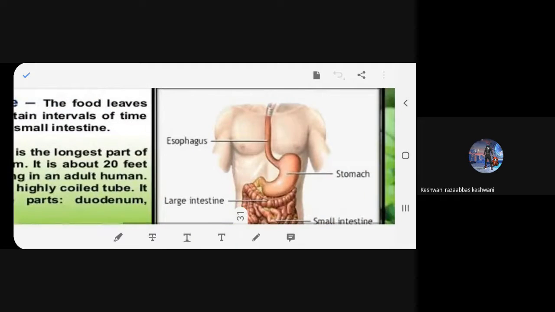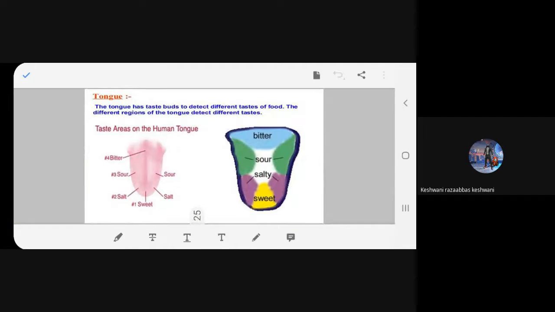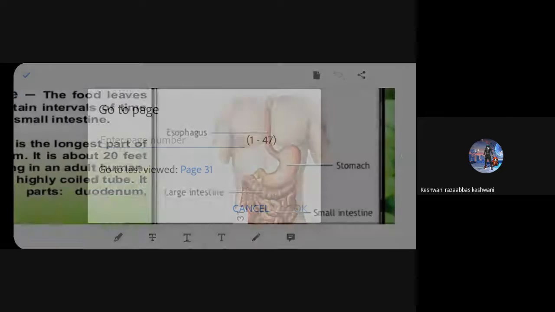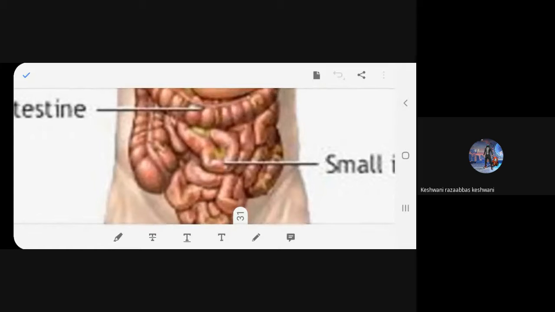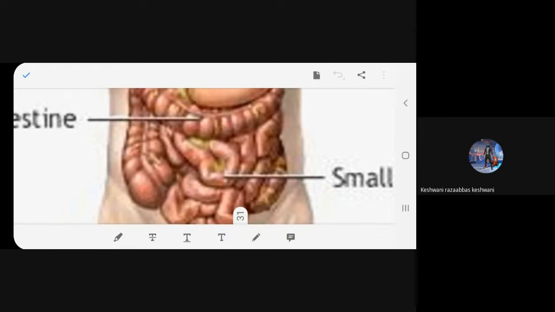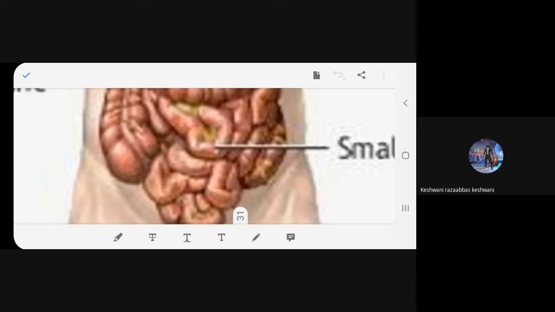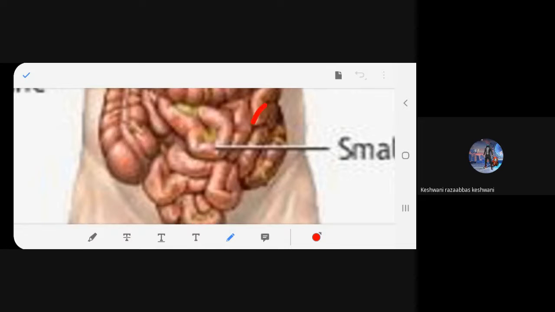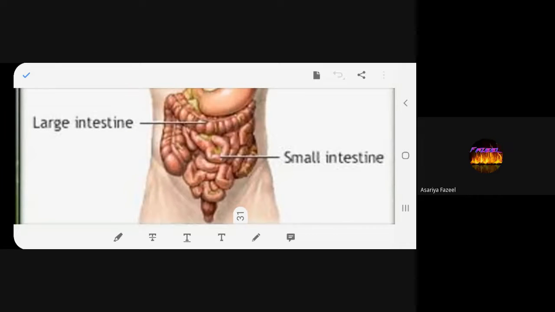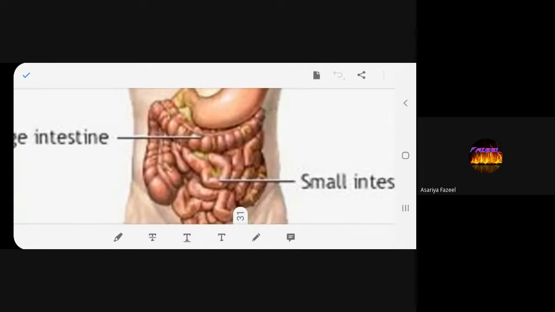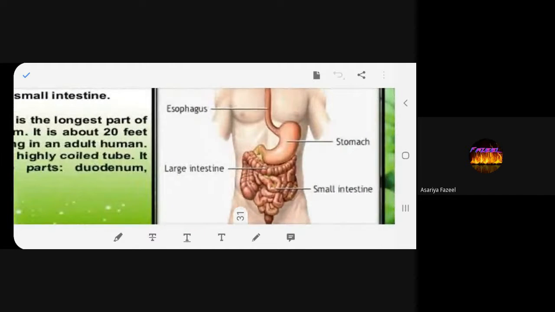Look over here. See, this is the small intestine. This is how it looks. Got it? Highly coiled. Is it clear? And this is the stomach.